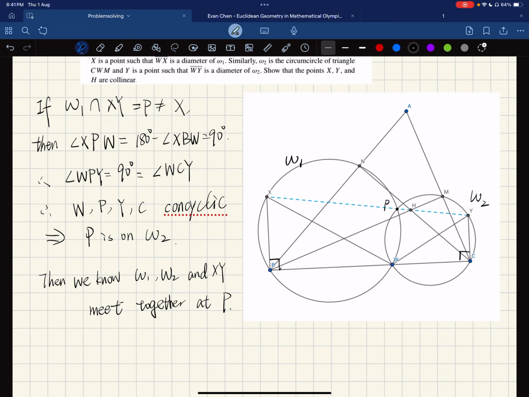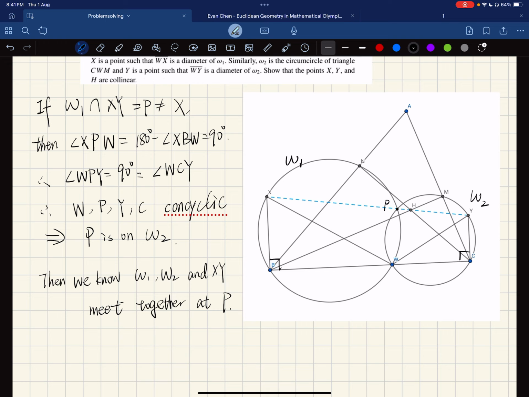So what we want to prove is that X, P, H, and Y lie on one line. So the problem comes: how can we deal with this?